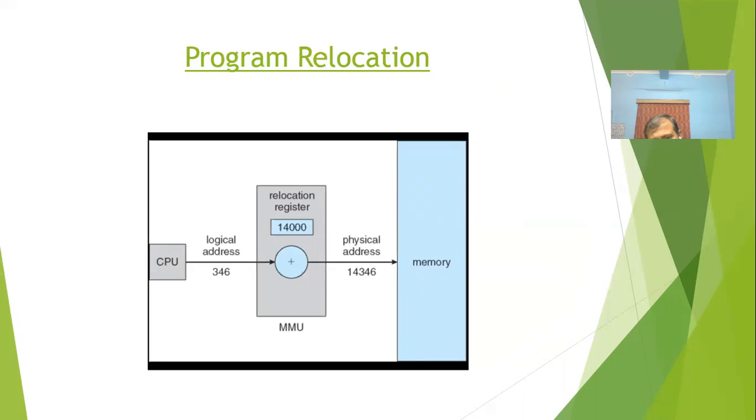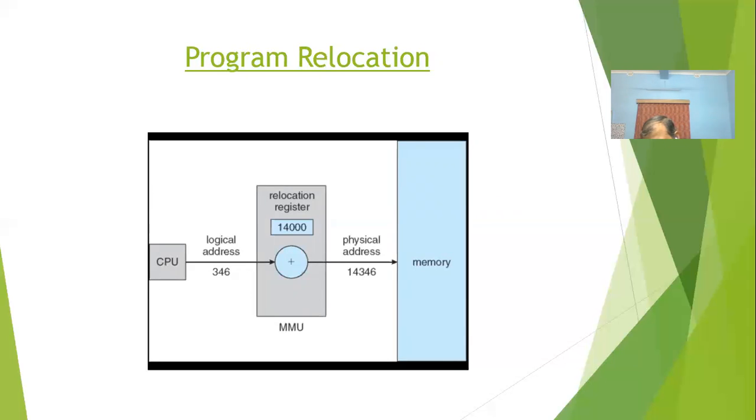And ultimately, from that particular address, instructions are being fetched. So basically, all instructions are being mapped from the logical address space to the physical address space through various mechanisms. In this slide, you can see a very basic scheme whereby some sort of relocation is being done.